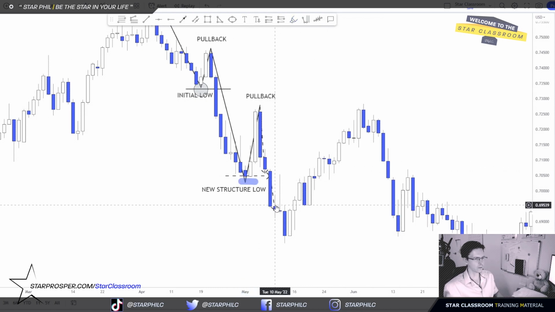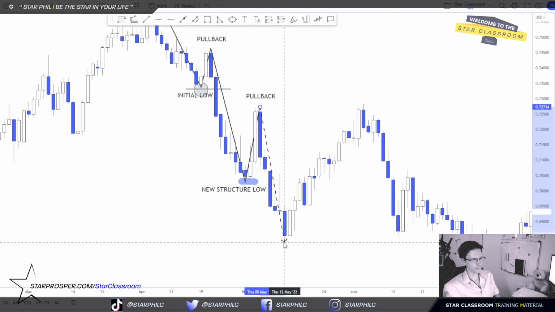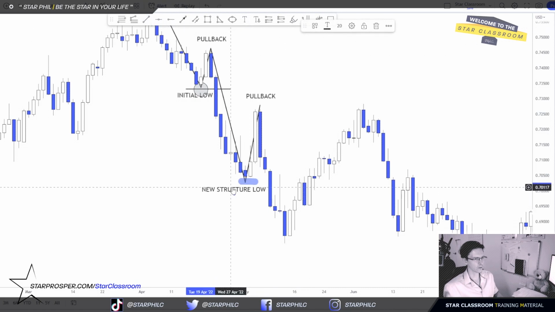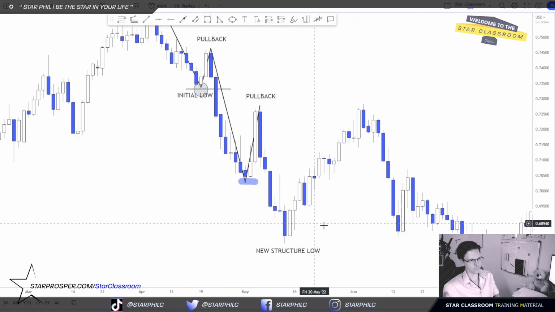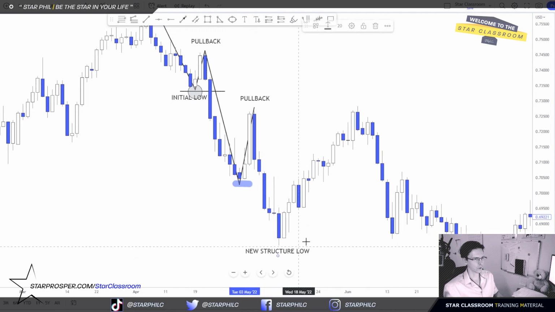Once that happens, we have a new structure low. So price action moves all the way down, breaking and closing below, giving us a new structure low right here. Price action moves to the downside, new structure low.